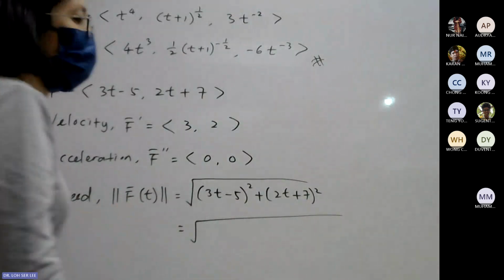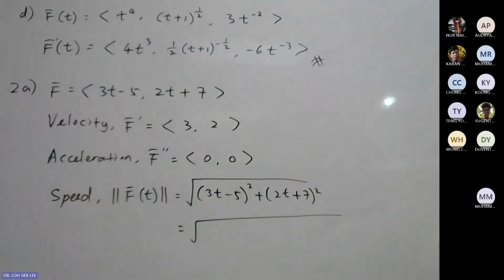I think the speed is the magnitude of f prime.